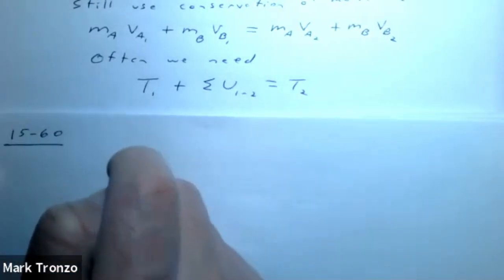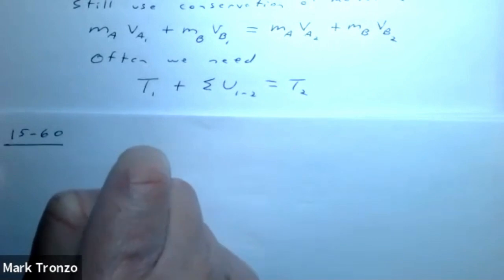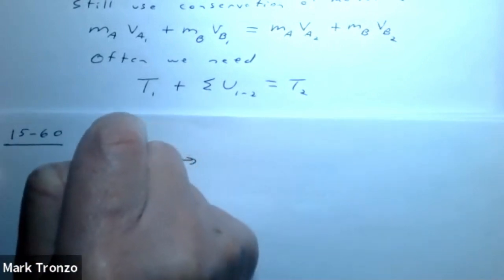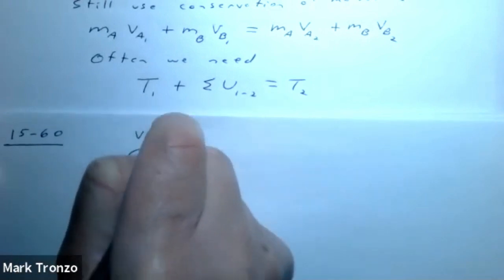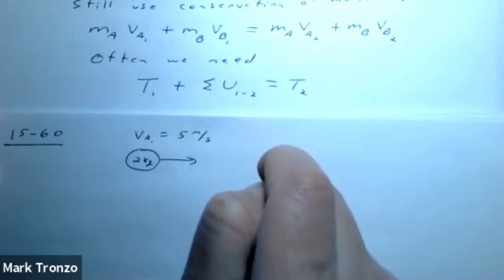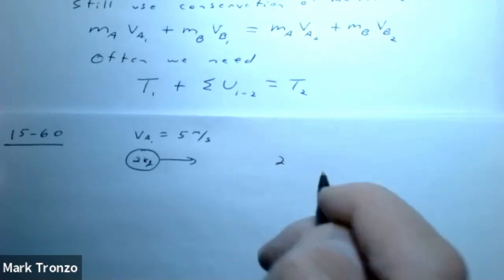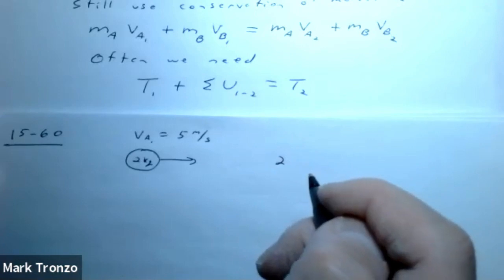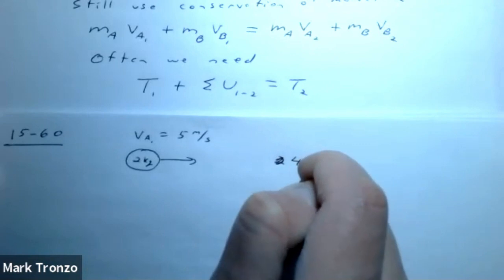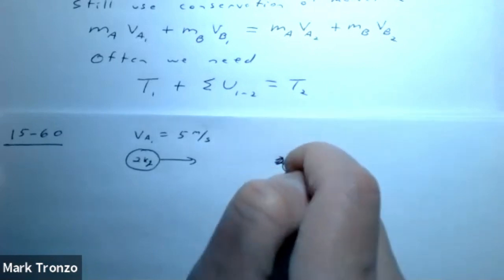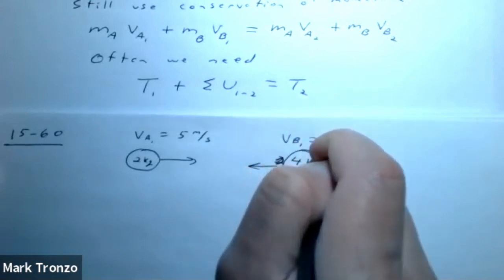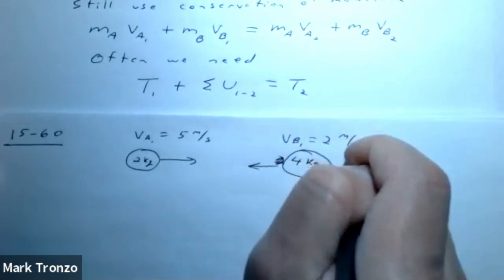And so we have one that's 2 kilograms moving to the right at 5 meters a second, and the other one moving to the left, and it weighs 4 kilograms and is moving to the left at 2 meters a second.